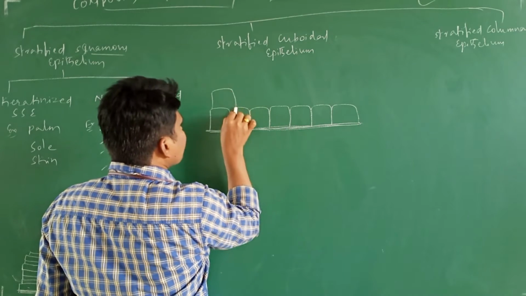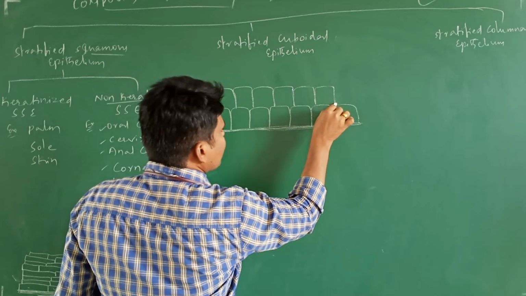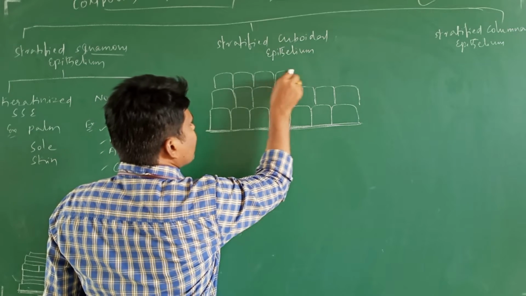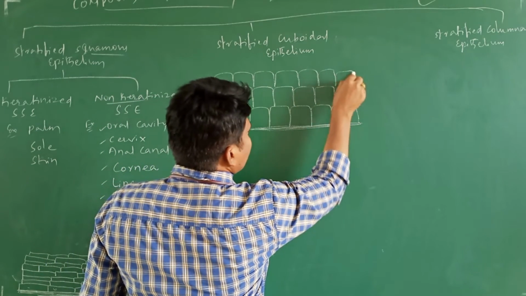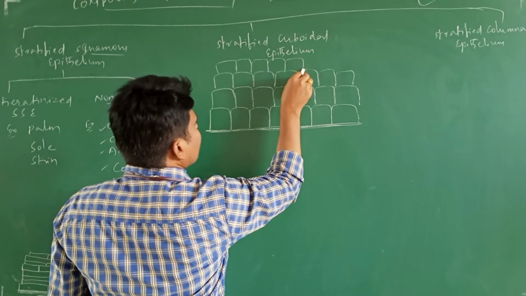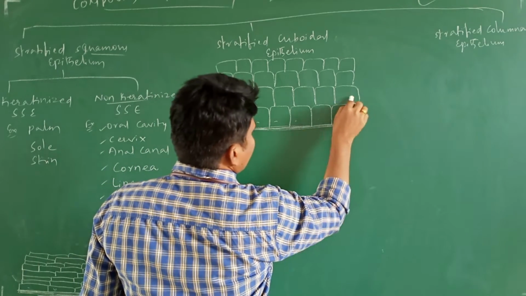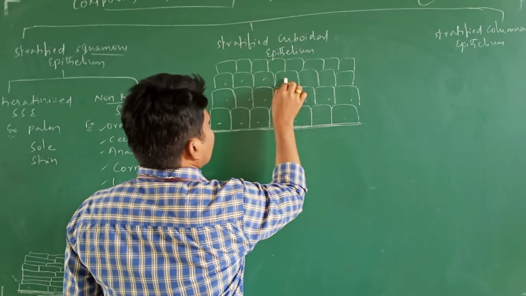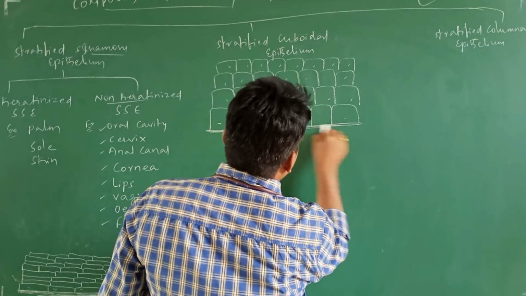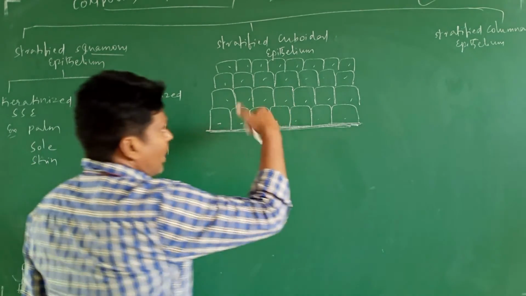So this is how the stratified cuboidal epithelium looks.